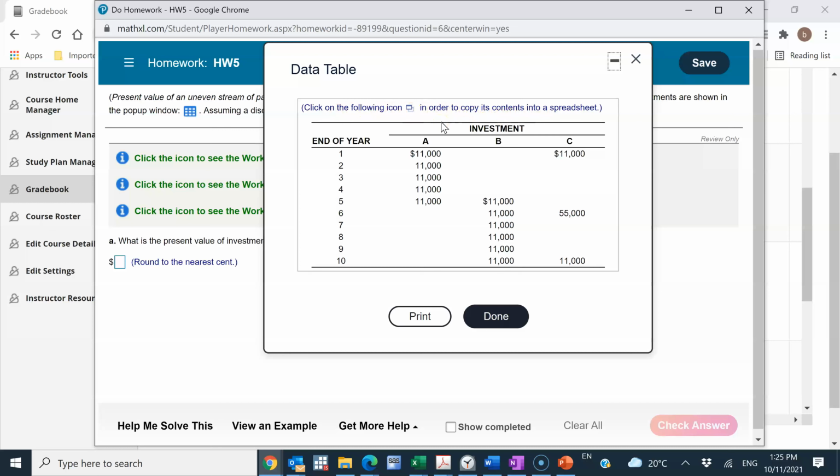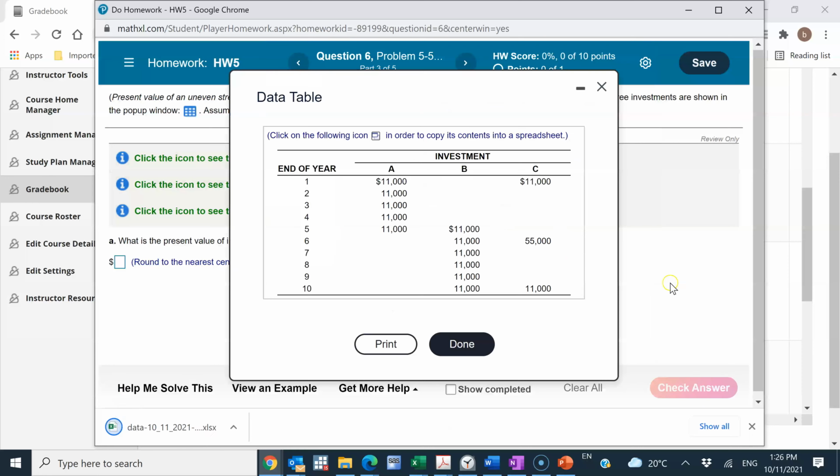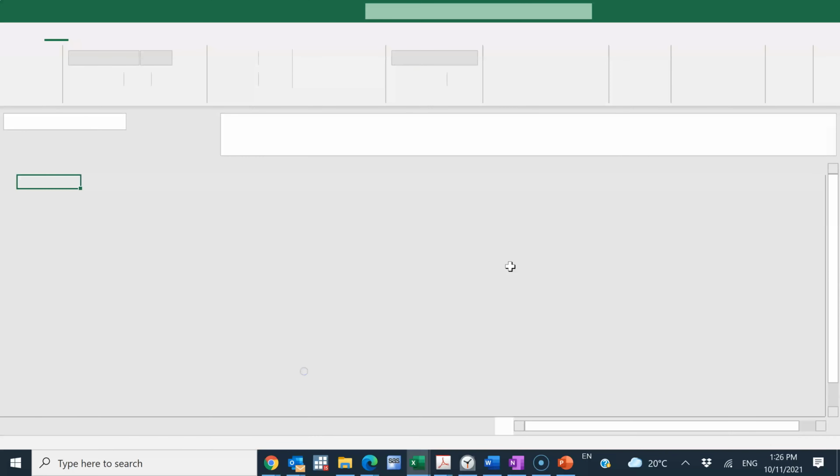That makes the calculation far easier than before, when we could probably only use calculators and input the numbers manually, or even if we used Excel, we had to find a way to copy, or maybe just input numbers manually into Excel. So now it's much easier to do. Let me click on the icon and open in Excel, and we'll find out.